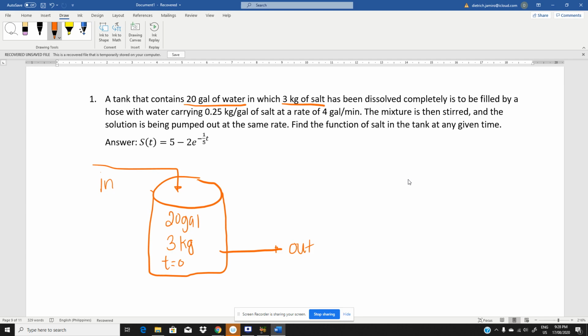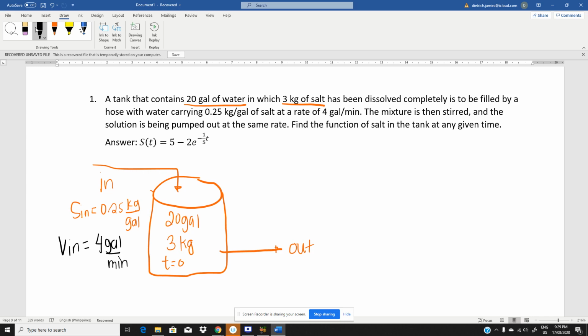The tank is to be filled by a hose with water carrying 0.25 kilograms per gallon. So our S in is going to be 0.25 kilograms per gallon, and our V in is going to be 4 gallons per minute.